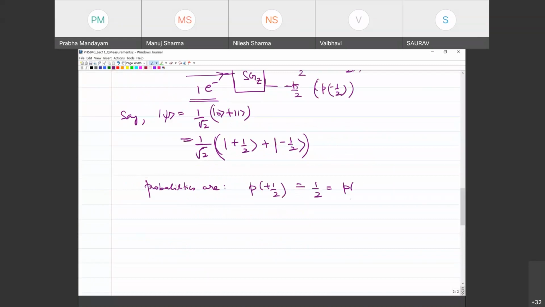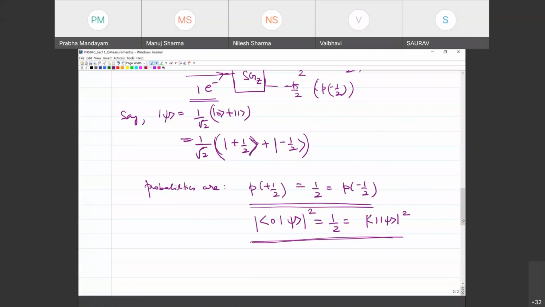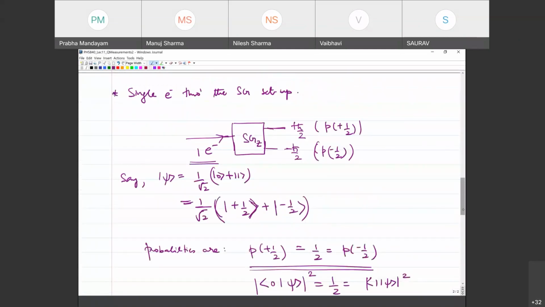So you know that the way to get to the probabilities is to take the overlap of the state with the corresponding eigenstate. You can either call them 0 and 1 or plus half and minus half. Let me just call this 0. So this is mod inner product with 0 squared, which is half, which is also mod inner product with 1 squared, which is half, right? So the point is, when I have a single electron, what the Stern-Gerlach setup is doing is, in some sense, measuring spin, right?